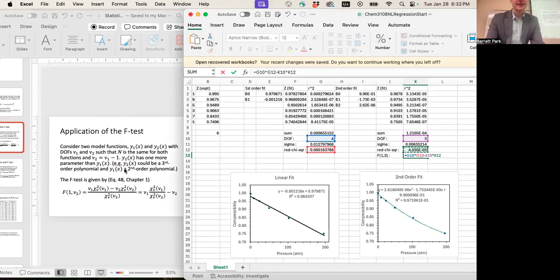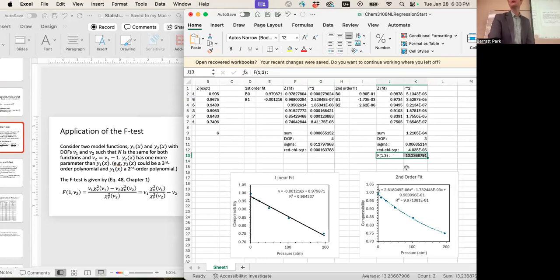And then this whole thing I want to divide by the reduced chi-square value for fit number 2. So I'm going to put parentheses around this expression that we created and divide the whole thing by the reduced chi-square value for fit 2. Okay? And that should give me the F 1,3 parameter. So this is the observed F 1,3 parameter that we get from our data.